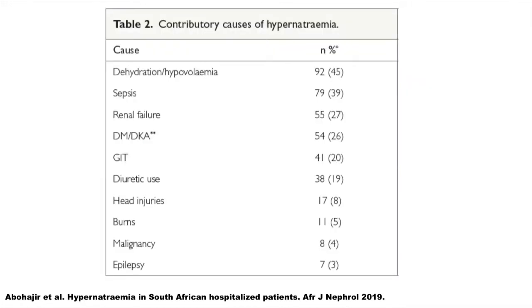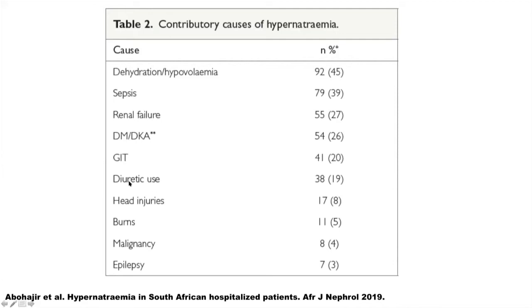And these were the primary contributory factors that led to hypernatremia. And you can see dehydration and hypovolemia was nearly present in half of patients. Sepsis was a very common cause in conjunction with kidney failure. Those three seem to be the main primary conditions contributing to hypernatremia.